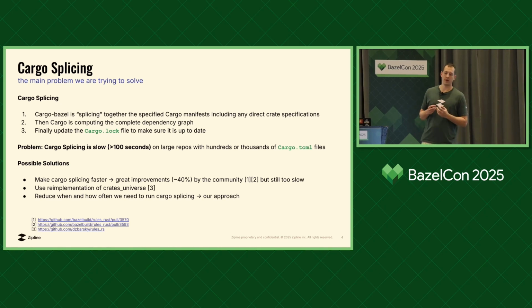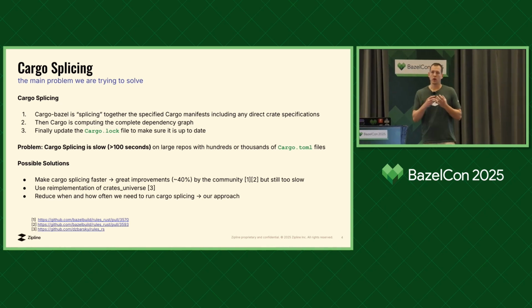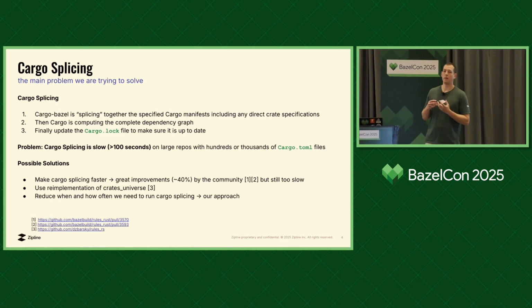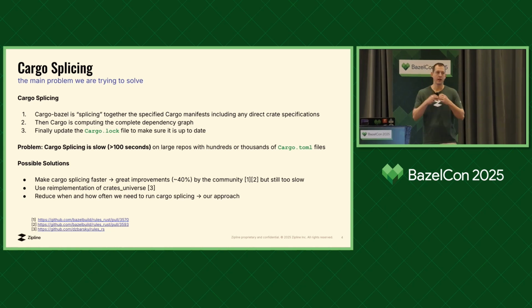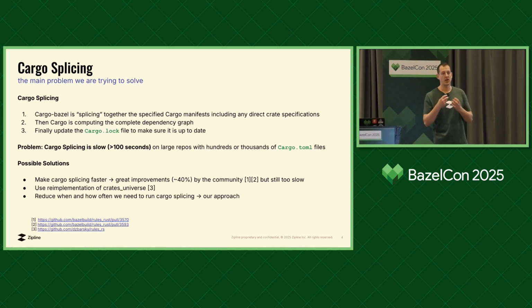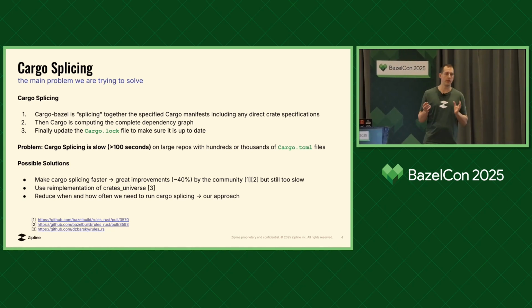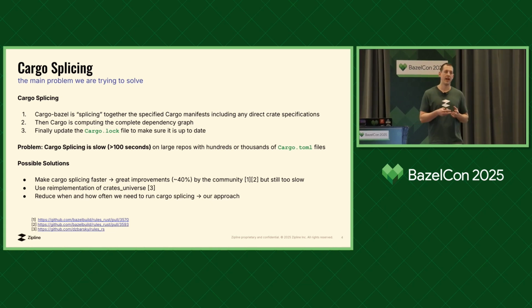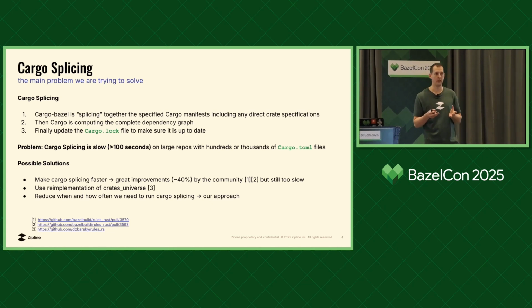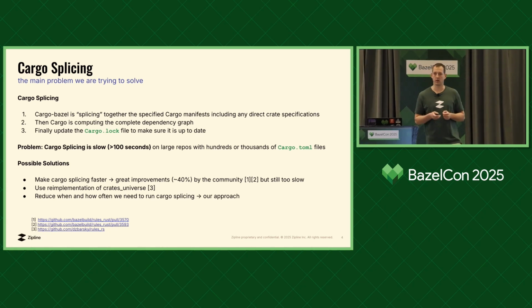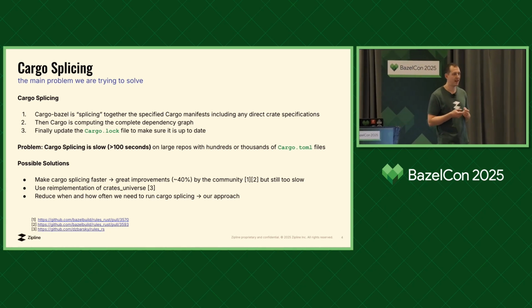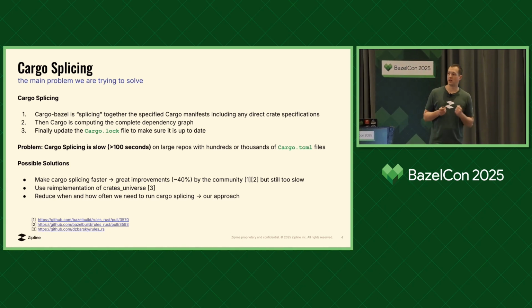Now, what is cargo splicing? Cargo, or rules_rust, will analyze, again, your entire dependency graph, generate some Bazel targets, resolve all the dependencies, and write the output back into the Cargo.lock file. Similar to what Cargo is doing, but with a few more things on top required by Bazel. The problem with that approach is it is super slow.